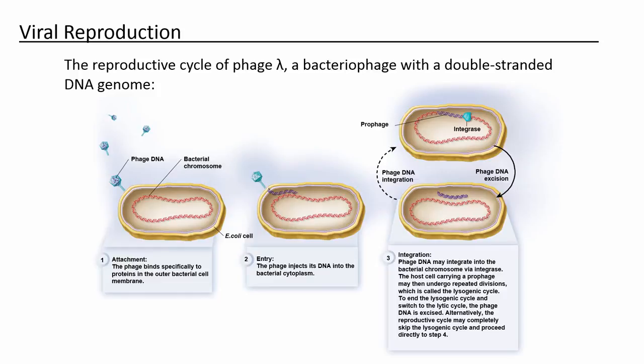So for HIV, the first thing you have to do is copy the RNA genome into DNA, and then once it's copied into DNA, the double-stranded DNA is inserted into the host chromosome.